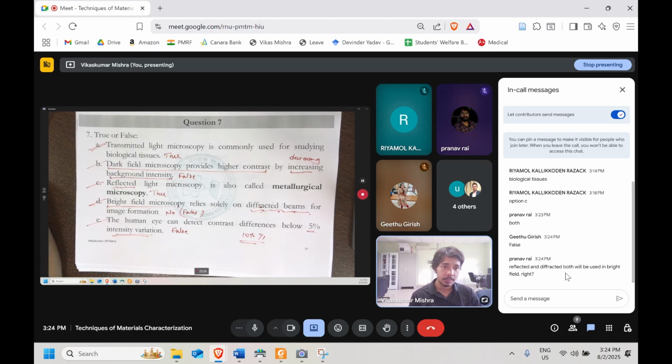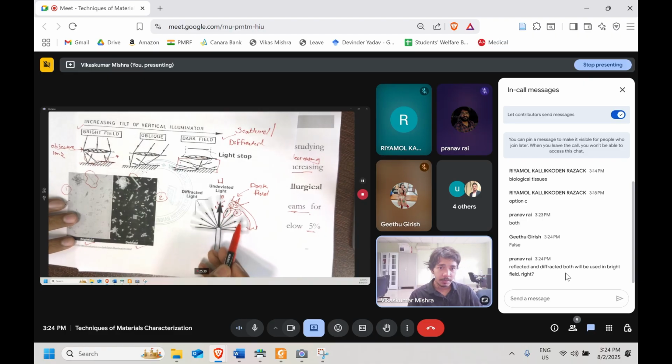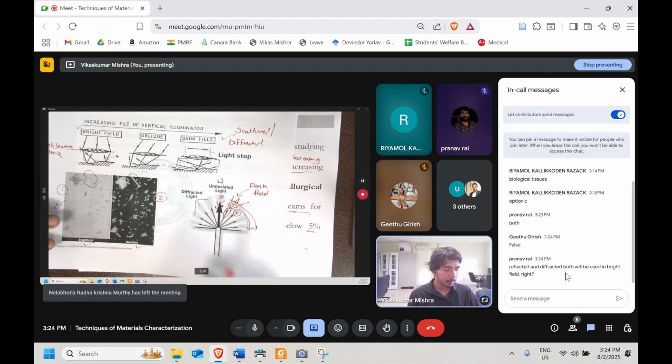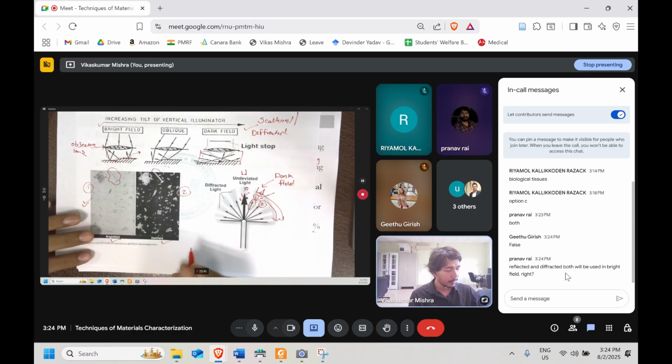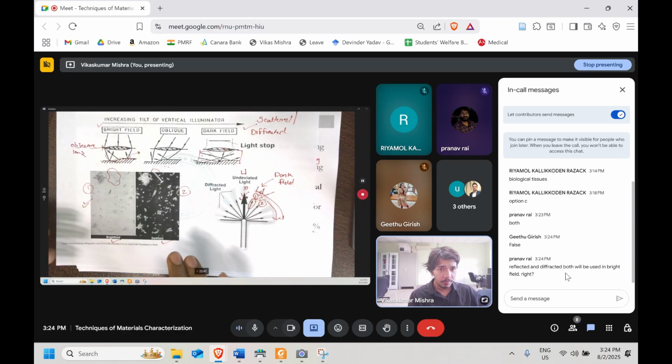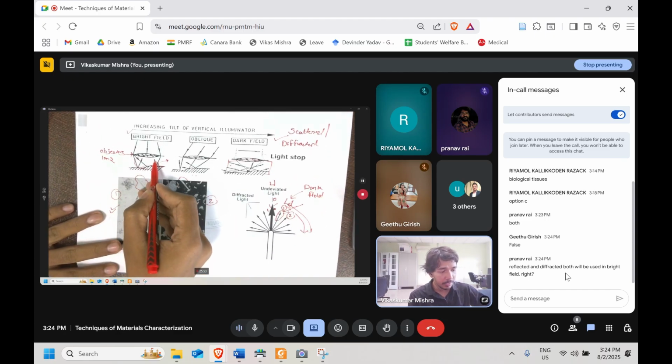Question number 8. Reflected and diffracted, both will be used in the bright field, right? More or less, see, it depends on the angle at which they are happening. In the reflected one, the specimen will reflect, and here it is reflected back.